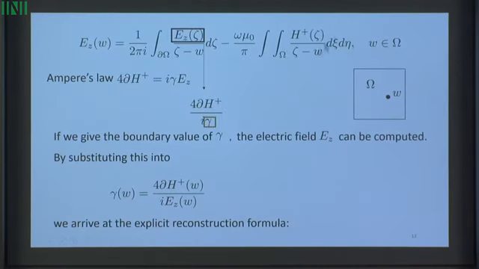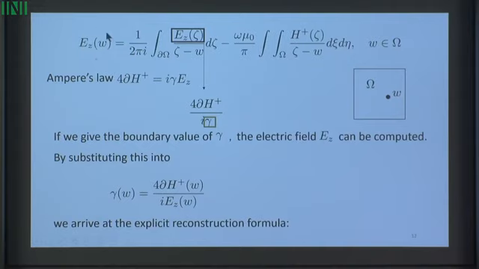However, H plus is the measured data, but we cannot measure the electric field on the boundary. From Ampere's law, the other Maxwell equation, this quantity Ez can be replaced by this quantity. H plus, again, is measured on the boundary. So if we give the boundary value of the electrical property, gamma, then we can compute the electric field at an arbitrary position.